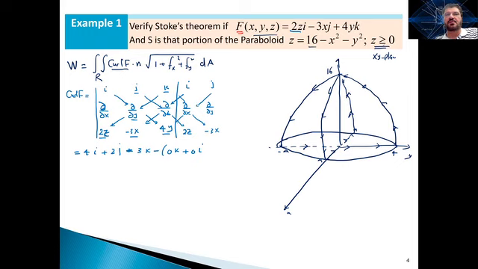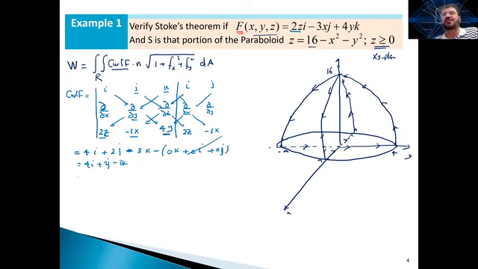How about the last one? The derivative of this one with respect to x, 4y with respect to x is a 0, j. So this is all 0. So I'm left with 4i plus 2j minus 3k. This is the curl of f.